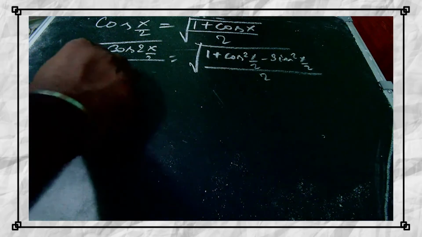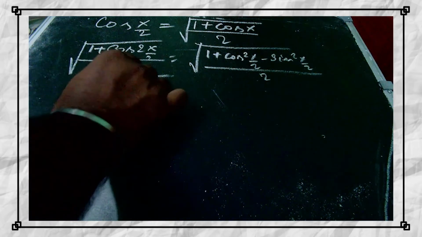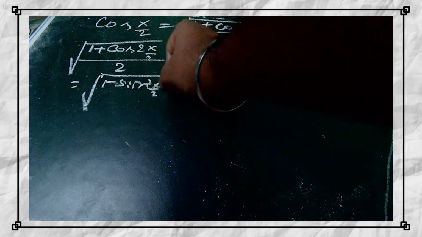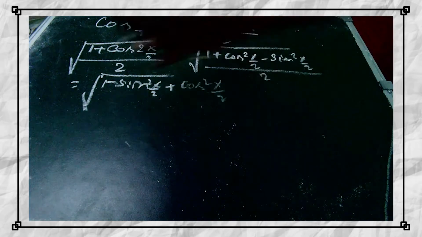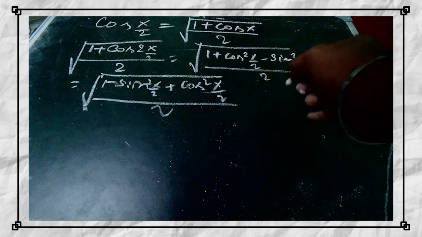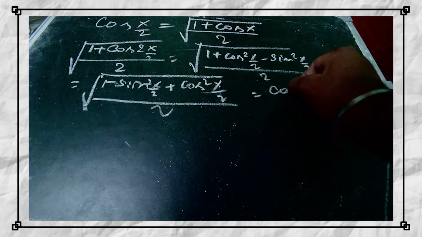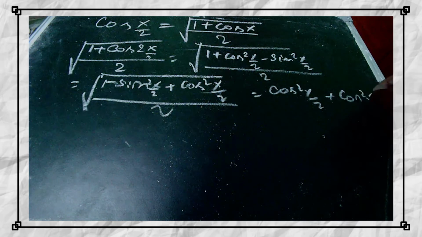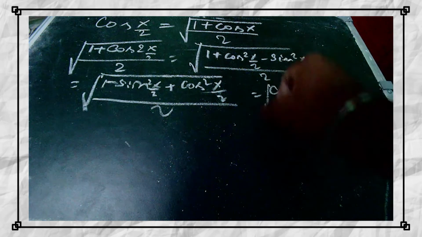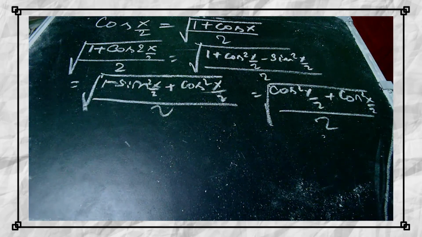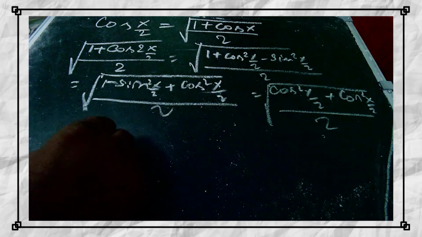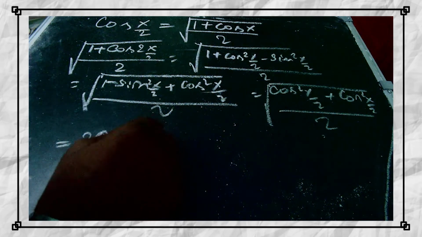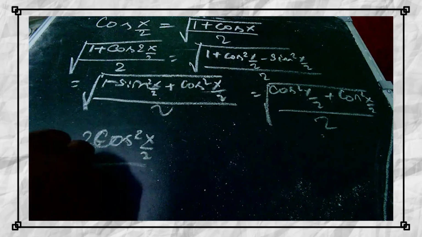So we'll simply arrange it: 1 minus sine square x by 2 plus cos square x by 2 and whole divided by 2. So 1 minus sine square x by 2 we can write as cos square x by 2, and plus cos square x by 2 whole divided by 2 root under. So cos square x by 2 plus cos square x by 2 is equal to 2 cos square x by 2 and whole divided by 2 root under.